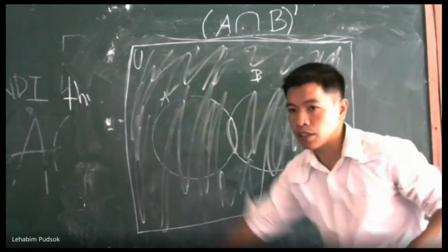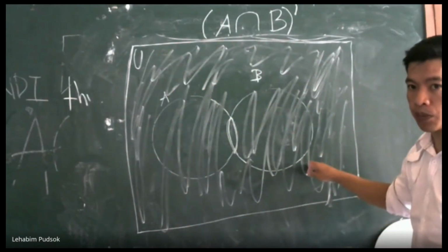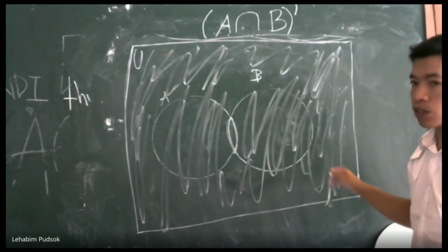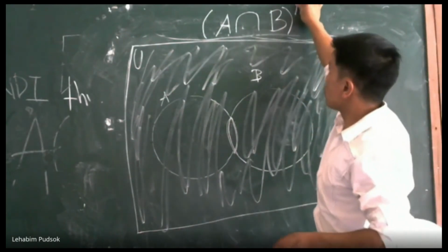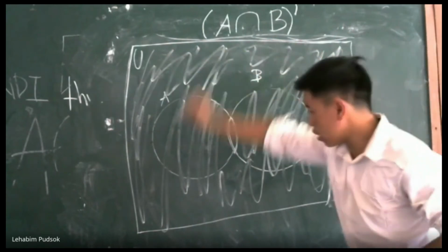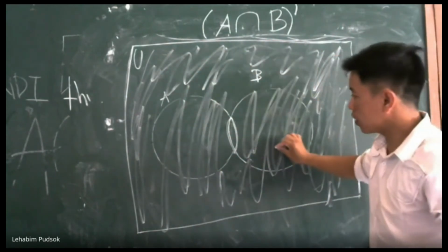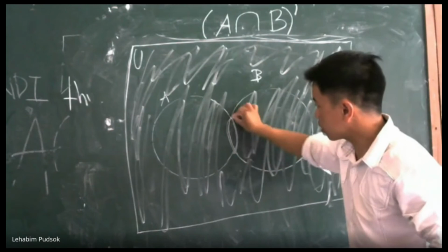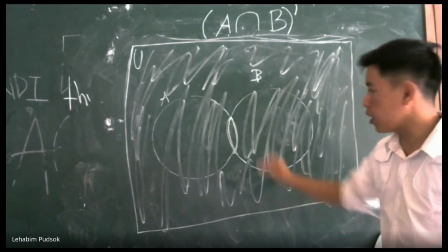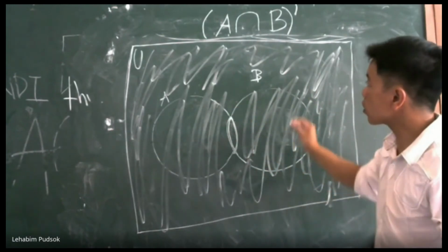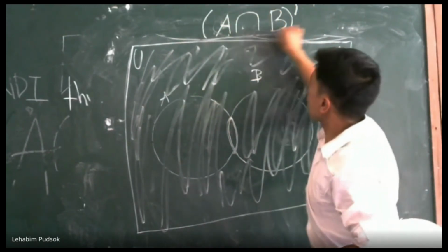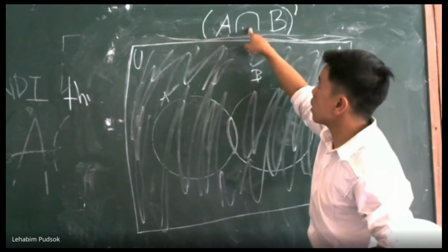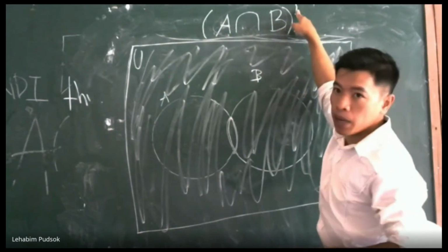This is the interpretation of the relationship. So don't be confused with A intersects B having complement. Just shade all, and the intersection remains. Do not shade it, because we are talking about the common or intersection element of A and B complement.